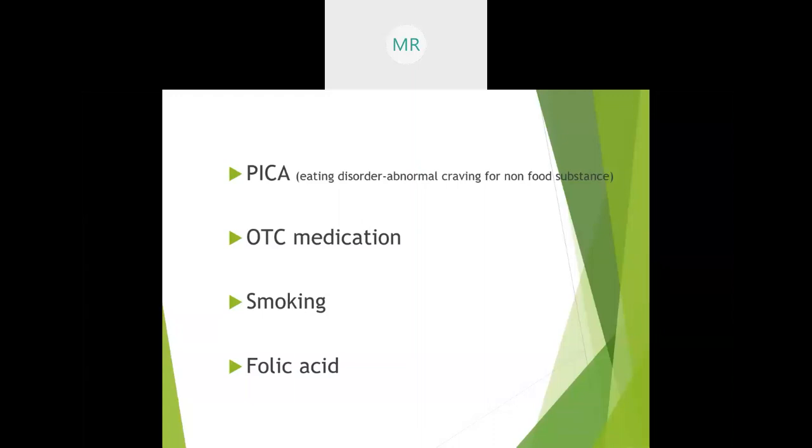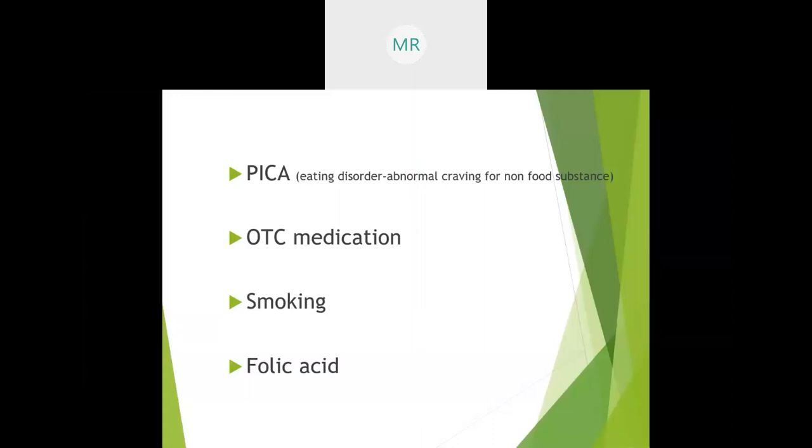Your most common one that you will see very often if you're around a lot of pregnant patients is ice cubes. But all of this, because it's an abnormal craving for non-food substance, usually accompanies iron deficiency anemia. So it's very important if your patients tell you that they have cravings for any of these, pay attention because they might be suffering from an iron deficiency anemia.